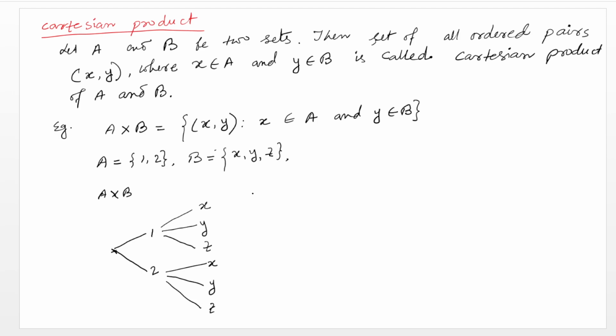So the ordered pairs will be like that: 1 x, then 1 y, then 1 z, 2 x, 2 y and 2 z. Yes, so these are ordered pairs. So this is the Cartesian product of A cross B.